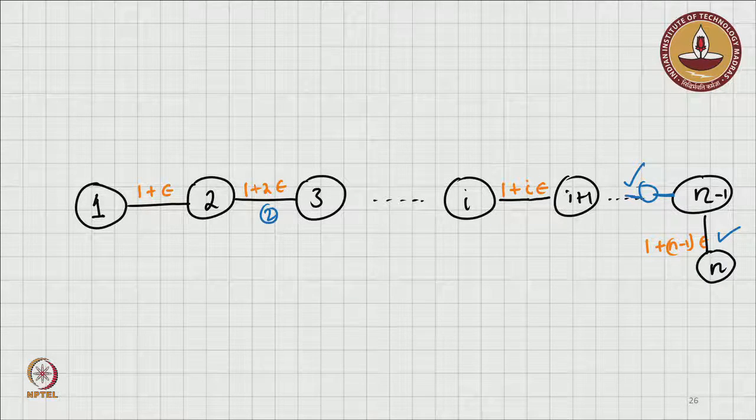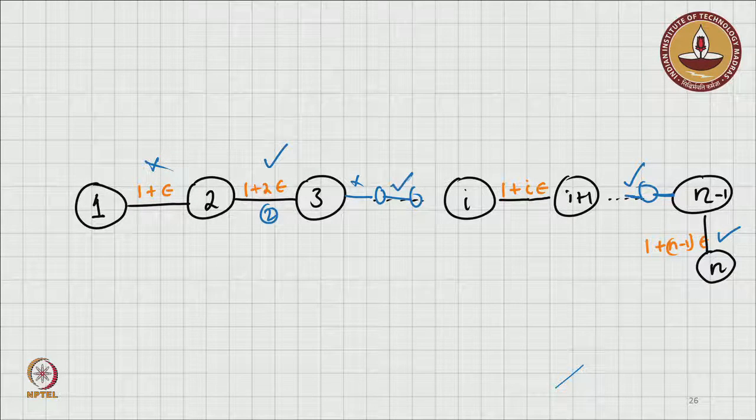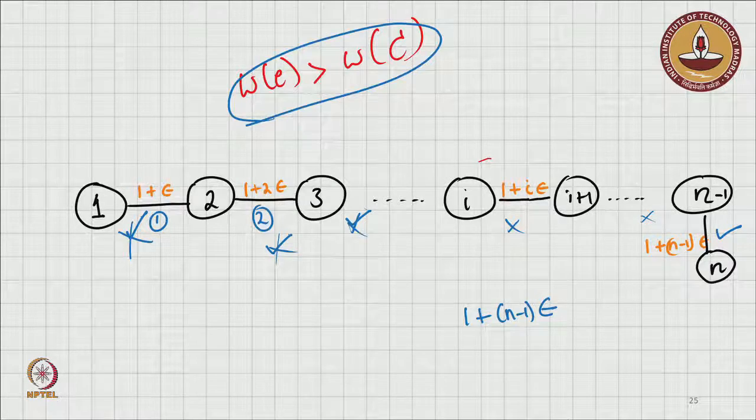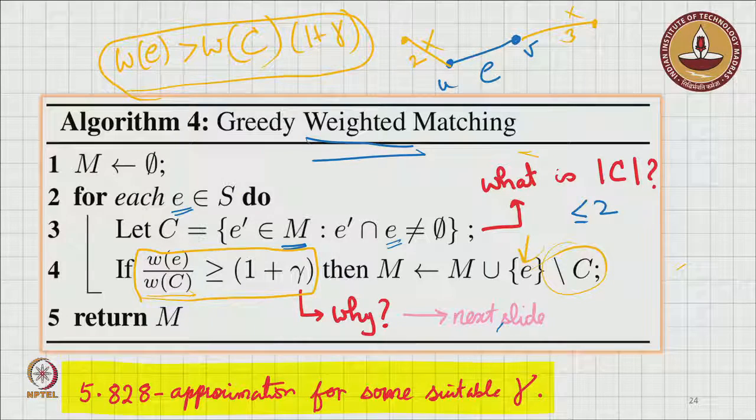Let's say this edge was included and this one was not included, and this one was not included, but this one could have been included, and so on. Every alternate edge could have been included. So the actual maximum weight matching is going to be much higher than what the algorithm will output under this condition. So that's why we need this gamma. Okay.